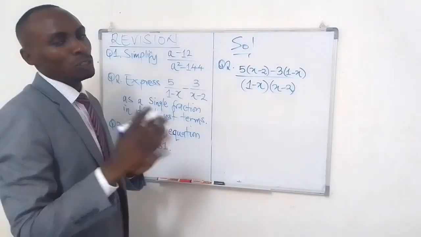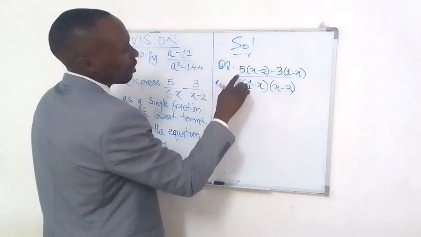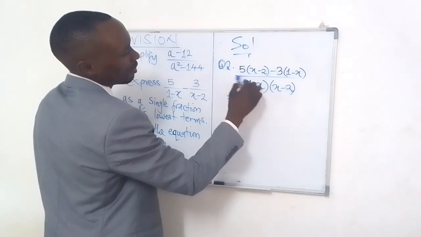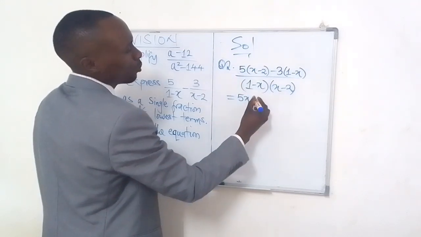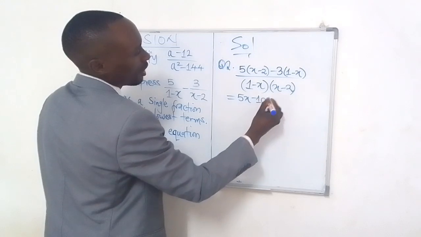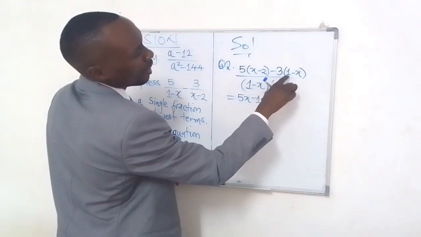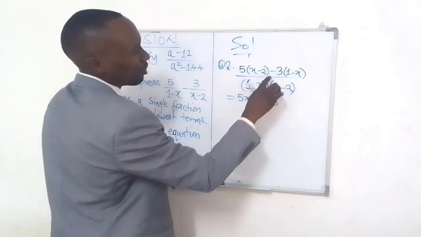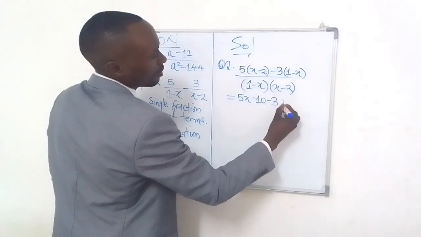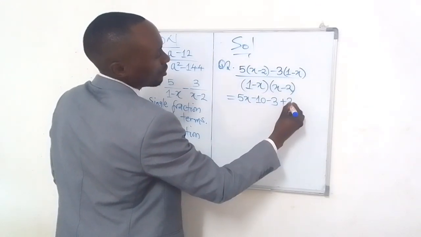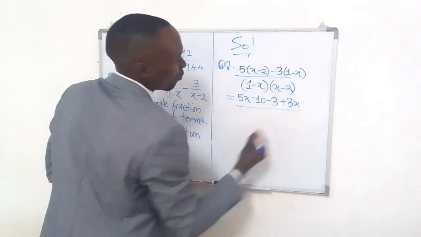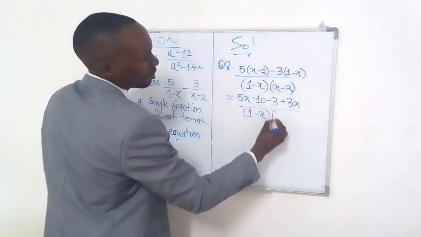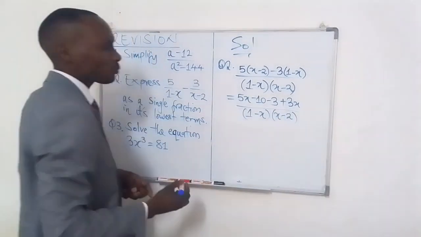So then let's multiply what we have on top. 5 times x gives 5x, then 5 times negative 2 gives negative 10, then negative 3 times positive 1 gives negative 3. Negative times negative is positive, 3 times x gives 3x. So that's what we have on top, over 1 minus x in brackets x minus 2.